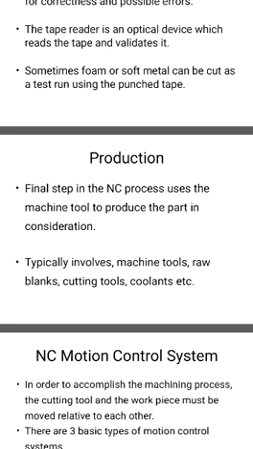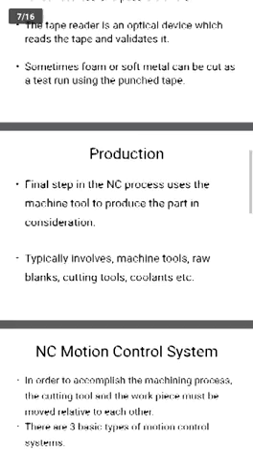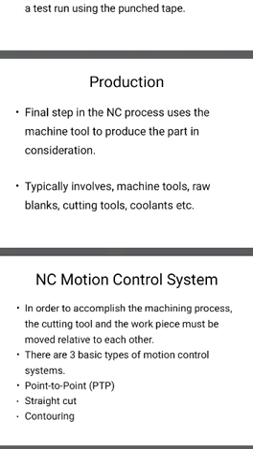It typically involves machine tools, raw blanks, cutting tools, coolant, etc. It involves ordering the work parts, and specifying and preparing the tooling and fixtures, that is, how to tool and how to fix the job.